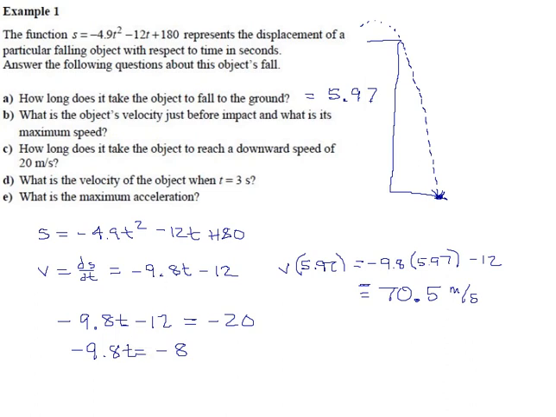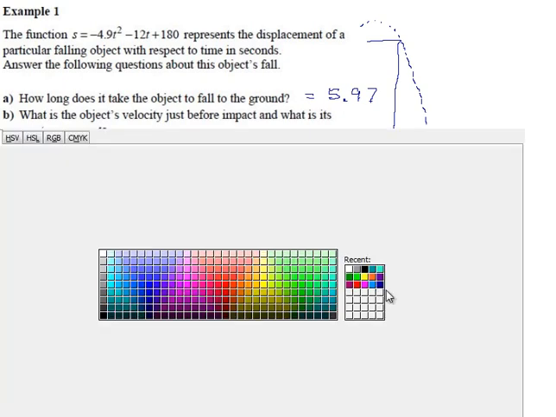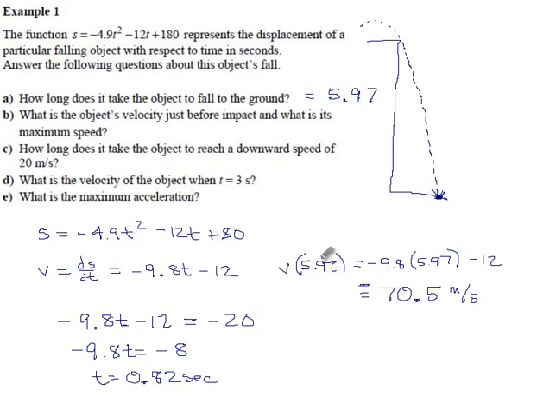Divide both sides by 9.8, and we get 0.82. It takes 0.82 seconds for this object to go thump. Or, sorry, not to go thump. This isn't a hitting the ground time. This is just a reach 20 meters per second time. So way up here at 0.82 seconds, we're already falling at minus 20.